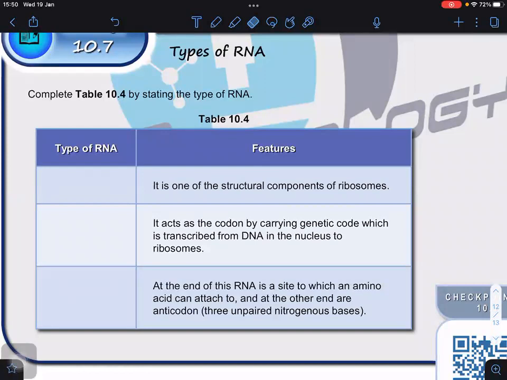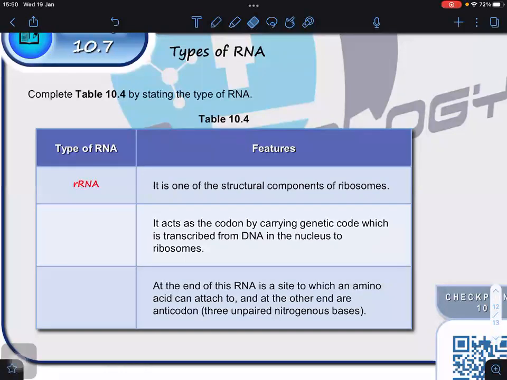So now, what kind of RNA are we going to learn here? If you look at this, they say that one of the structural components of the ribosome, now we know, the ribosome is synthesized by the nucleolus. So the RNA synthesized by the nucleolus forms the ribosome subunits together with the protein complexes.